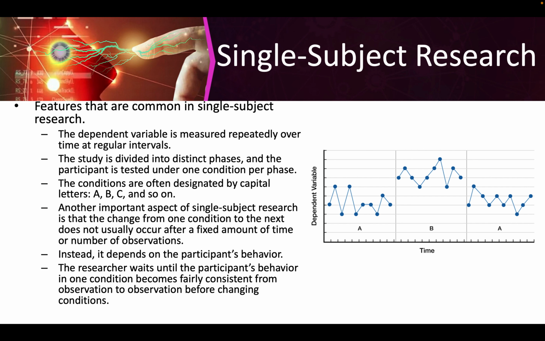Another important aspect of single subject research is that the change from one condition to the next does not usually occur after a fixed amount of time or number of observations. Instead, it depends on the participant's behavior. The researcher waits until the participant's behavior in one condition becomes fairly consistent from observation to observation before changing conditions.